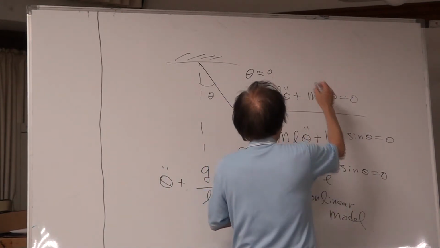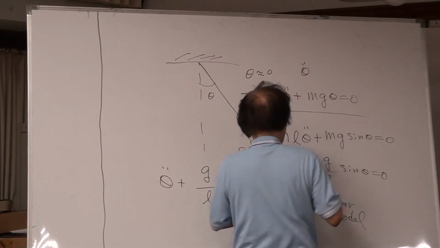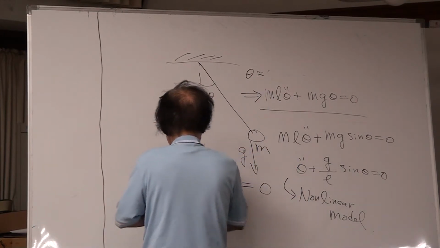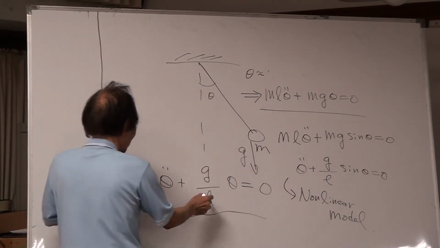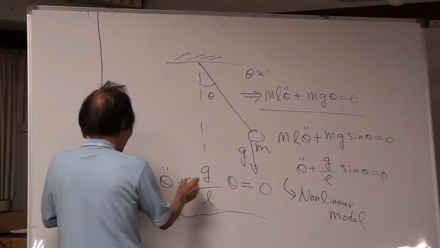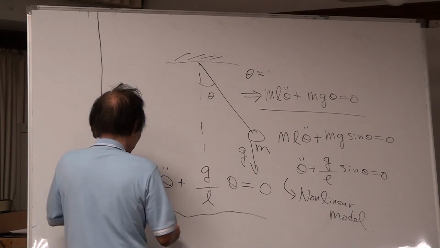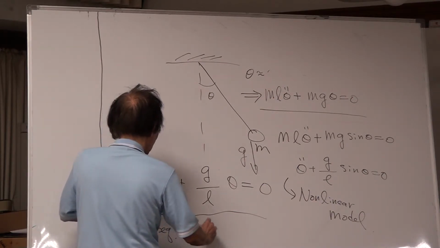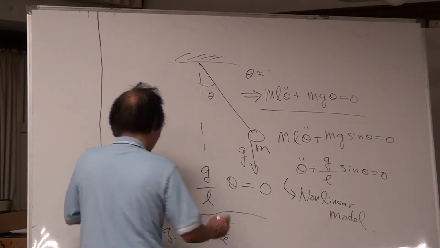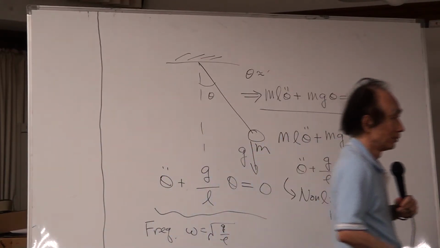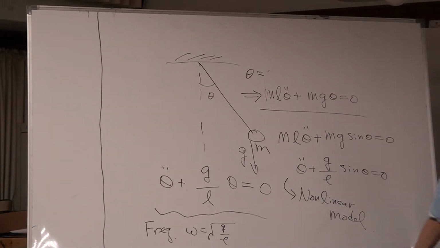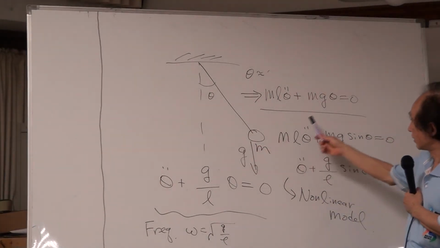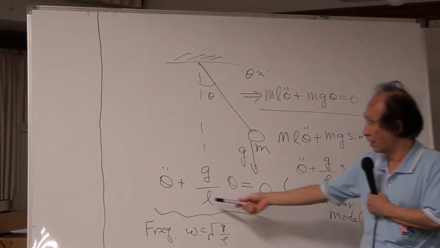Because that gives me theta double dot plus G over L theta equals 0, where G is constant and L is constant, and my frequency omega is equal to the square root of G over L, right? In matter of fact, our clock moves this way, not this way.